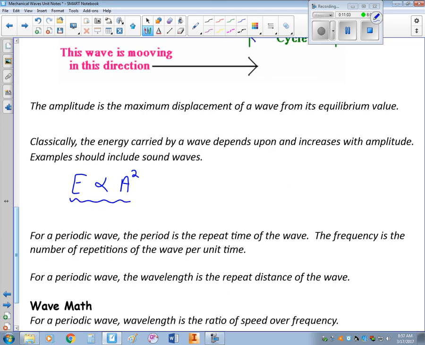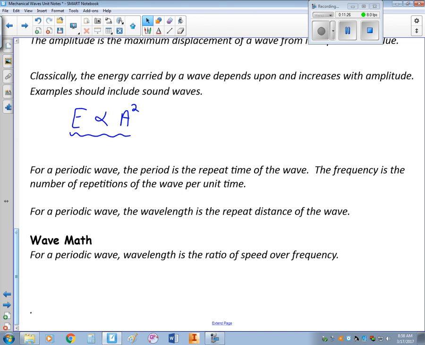So if I double the amplitude, I get 4 times the energy. So if I need to double the energy, I need to make the amplitude 1.414 times bigger, the square root of 2.